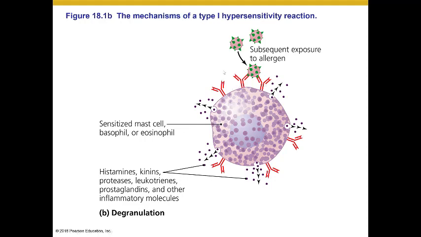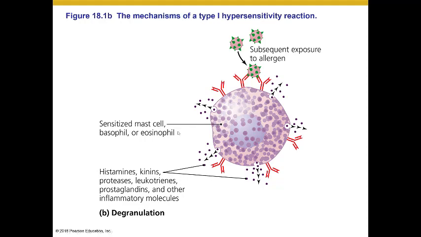And in this case, it's going to be the antibodies that were made the first time around. And those antibodies tend to be stuck now on these granulocytes. And when the allergen attaches to that antibody, it tells this white blood cell to release all of its inflammatory chemicals, not anti-inflammatory, inflammatory chemicals.